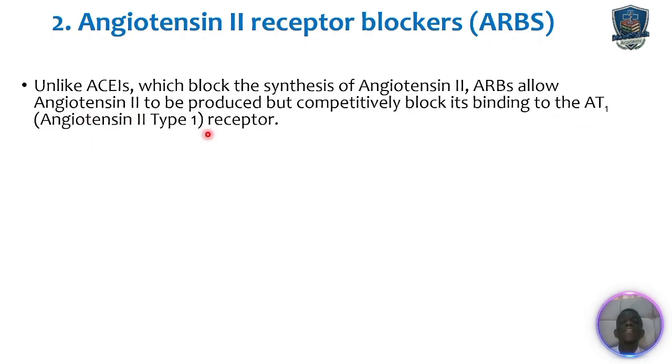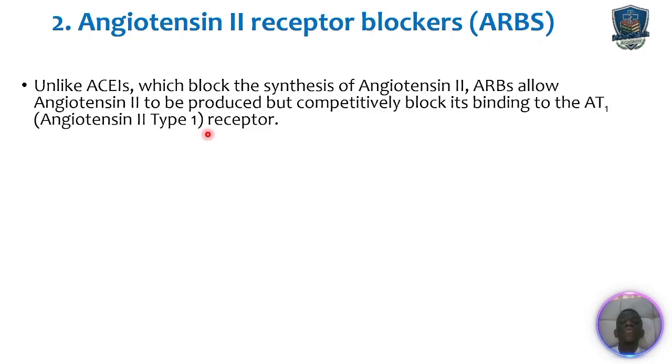So the main mechanism of action of these drugs is that, unlike the ACE inhibitors, they block angiotensin II from binding to the AT1 receptors. They basically block the receptors.